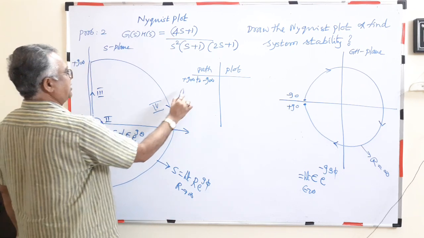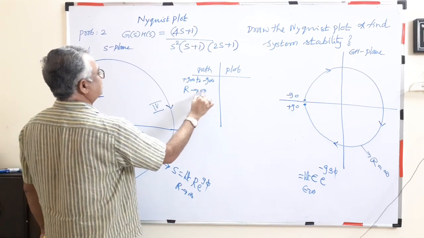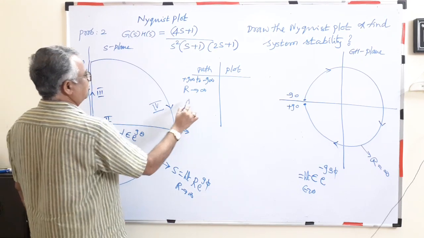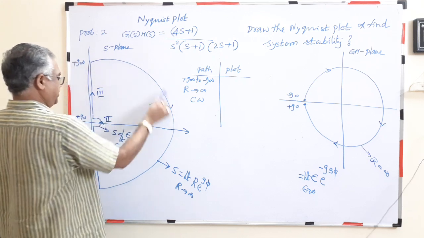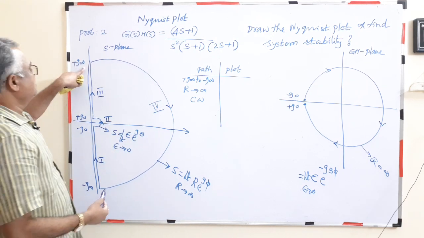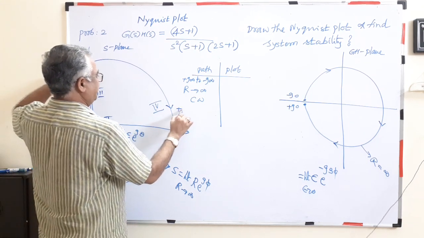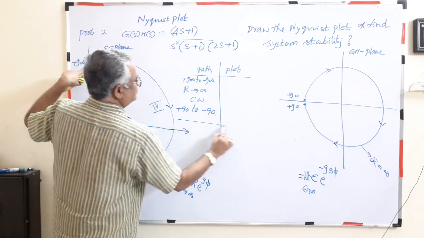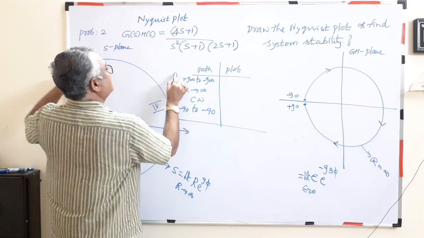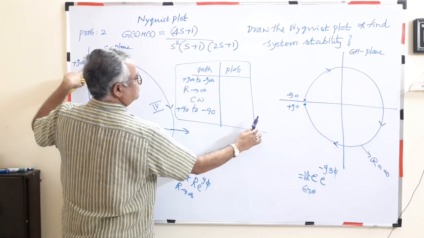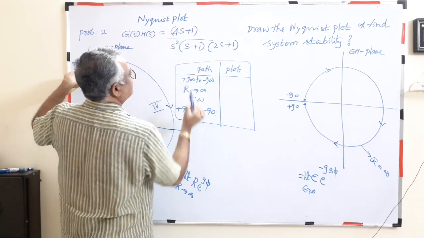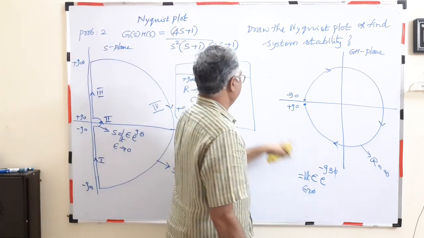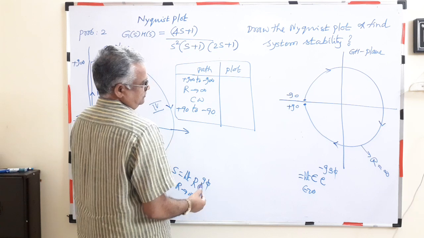And it's a bigger circle, R tends to infinite, rotating clockwise, starting at plus 90, ending at minus 90. So these are the path details. With the help of this, we have to write the plot details.